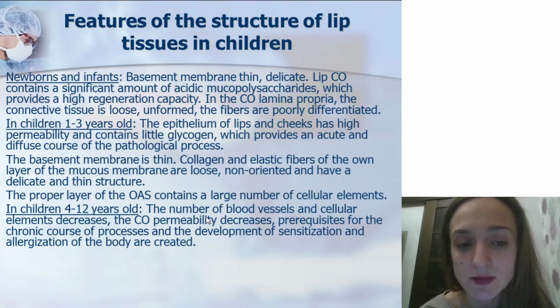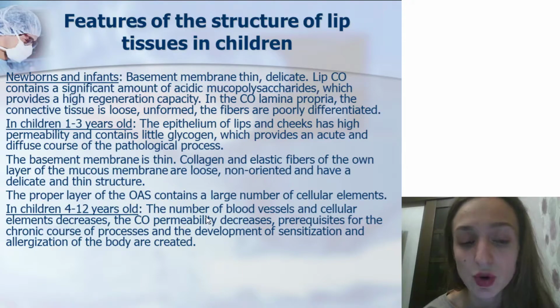Next one, the basement membrane is thin, and collagen and elastic fibers of the own layer of the mucous membrane are loose, non-oriented, and have a delicate and thin structure. The proper layer of the mucous membrane contains a large number of cellular elements.